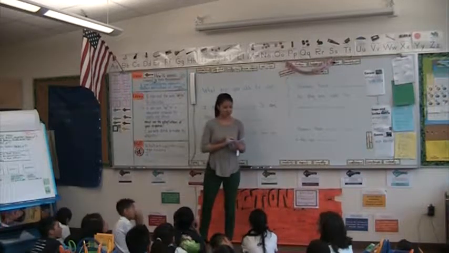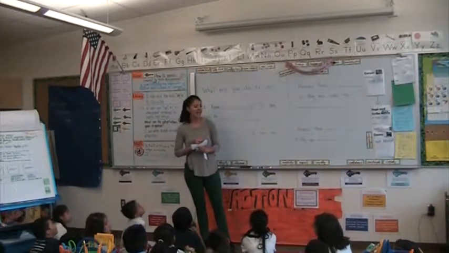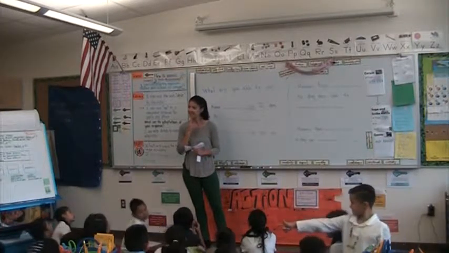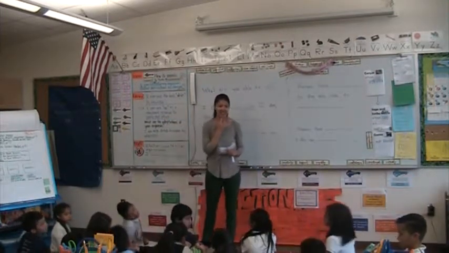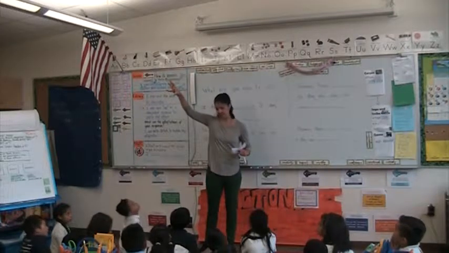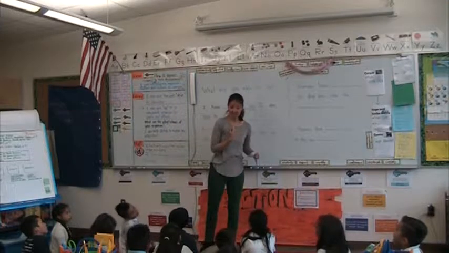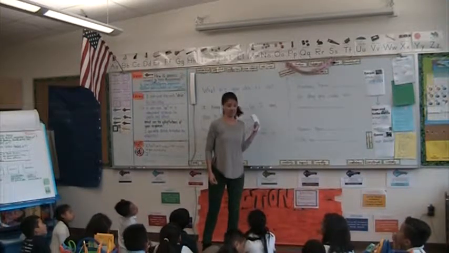This is it. Humans use language so they can communicate. Now that word communicate, don't point, we're not pointing, is a tier 3 word. It's a 3rd grade word. We read on Pebble Go that humans use language to speak and write. It didn't say communicate.